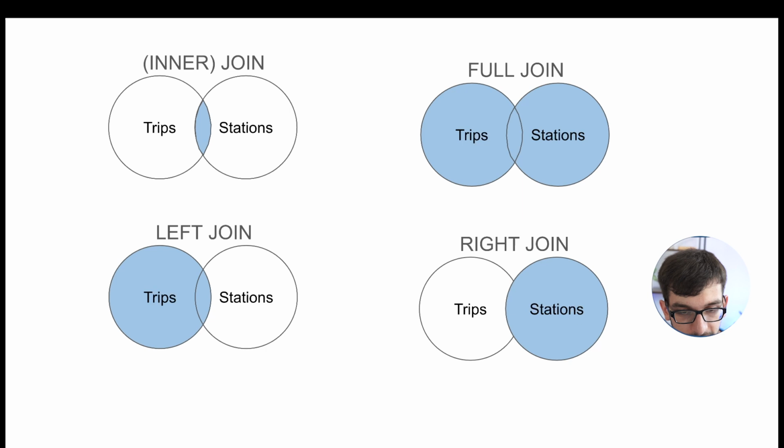We always say the table in the FROM, in our case the trips table, when you think back to what we did some minutes ago in the SQL editor, is the left table, and the right table is the one you want to join. When you're doing a right join, it says, okay, we are taking from the join table all the stations and just adding the information we have from the trips table.